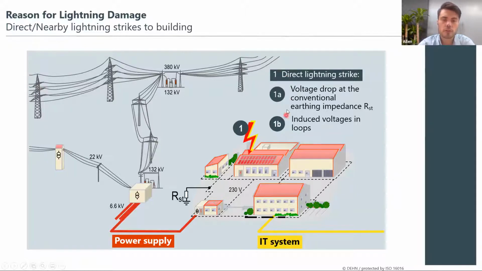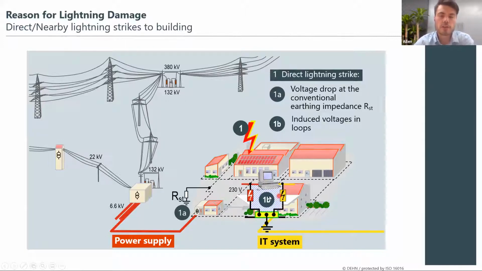The lightning current will flow to ground, creating a voltage drop across the earthing system. And that same effect also induces a current or voltage between your telecommunication and power lines.